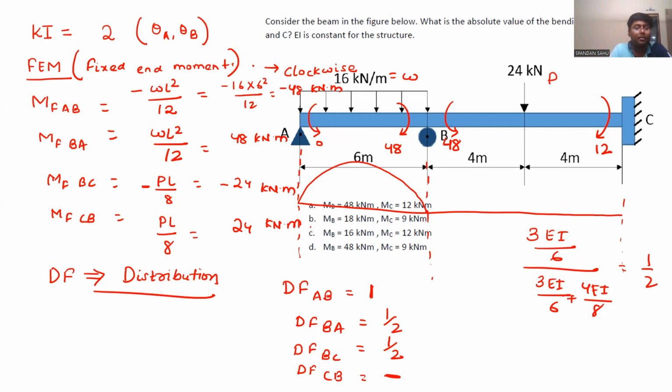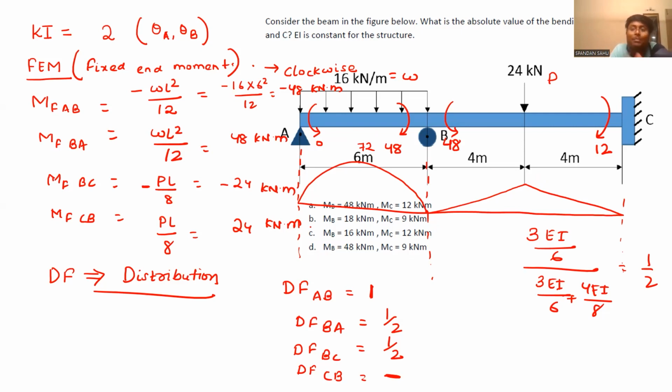First, we need to draw the free BMD. What is free BMD? Free BMD means removing all the fixed end moments.